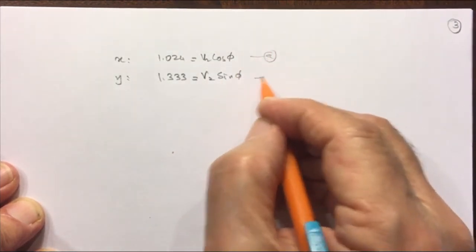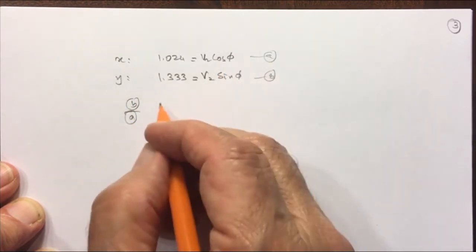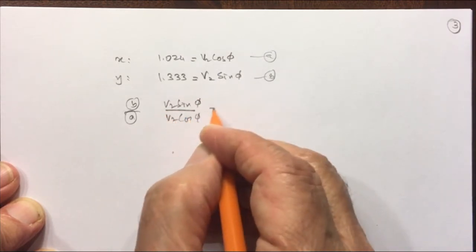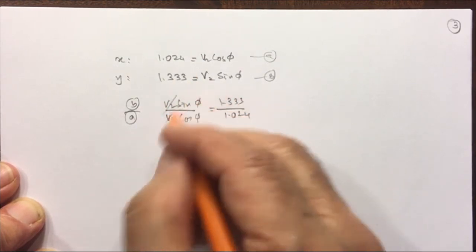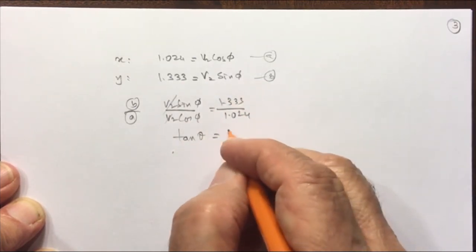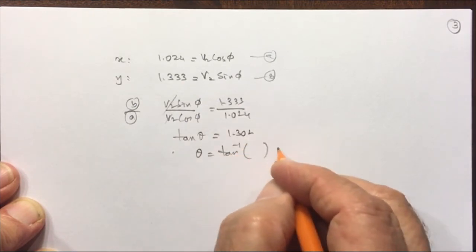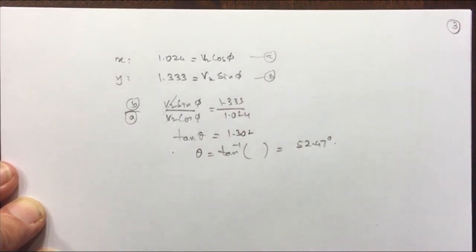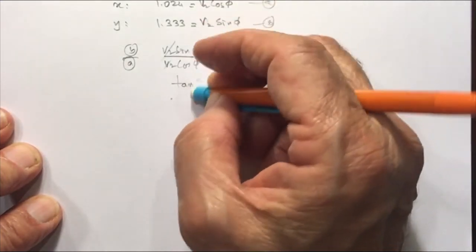So that's equation A and B. Dividing B by A, we get v2 sine phi over v2 cos phi is 1.333 over 1.024. The v2's cancel, this becomes tangent phi equals this ratio, 1.302, and therefore phi becomes tangent inverse of this, which comes out to 52.47 degrees.